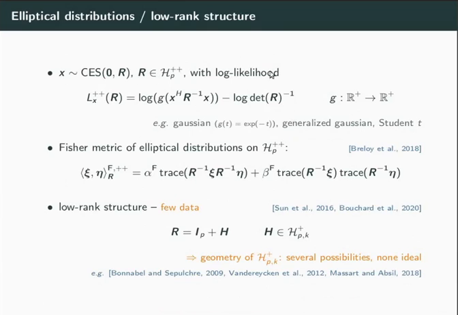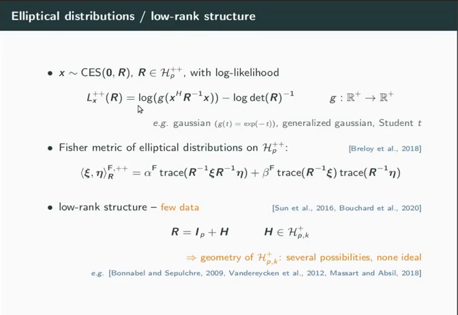And we have this log likelihood here, which is parameterized by a density generator g, which is a strictly positive function. For example, in the Gaussian case, this is equal to that. And this family of distributions also takes into account generalized Gaussian distribution, Student distribution, K distribution, and a lot of very interesting distributions, especially when we have outliers in the data and things like that.